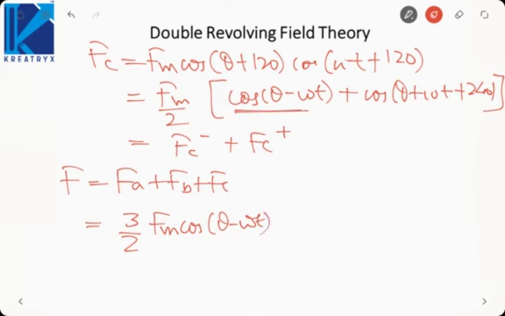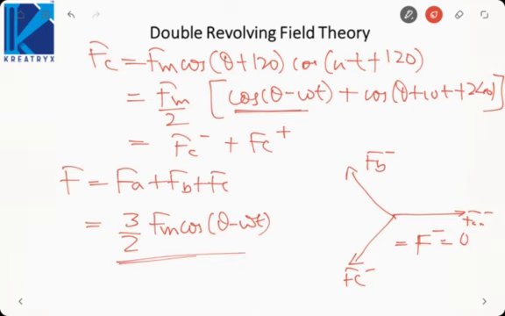It was theta minus omega t in case of A, so let us say Fa negative. In case of B, it was theta plus omega t minus 240. Minus 240 means this way, and plus 240 means this way. So all these three are oriented at 120 degrees, so the net will be 0.